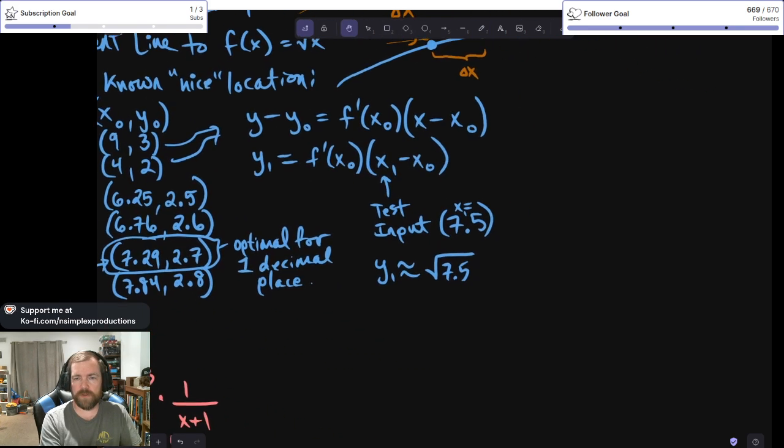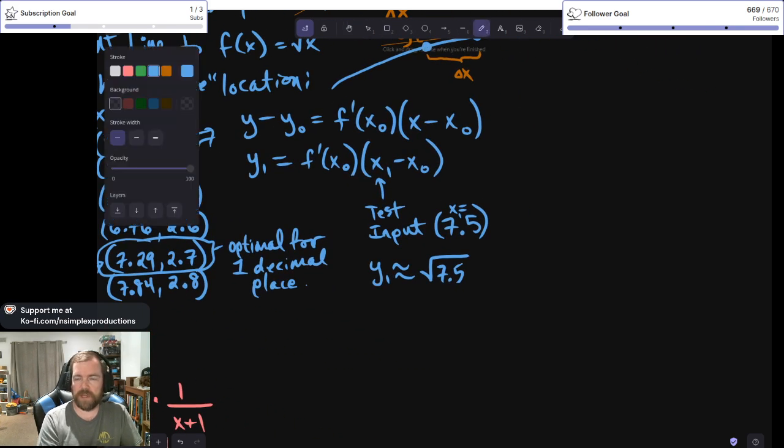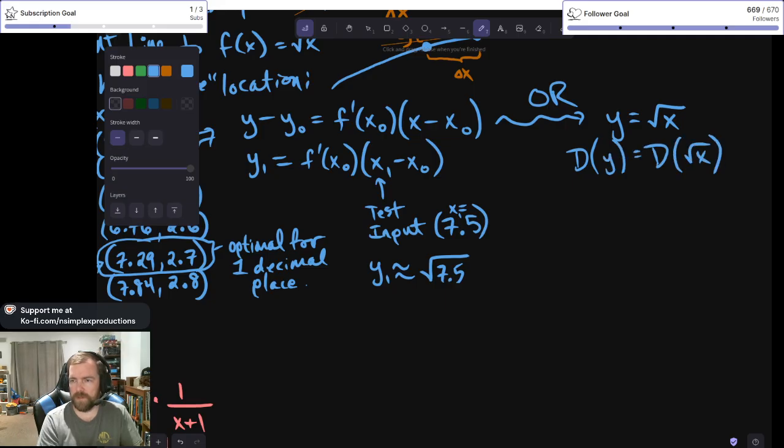Okay, there's another way that we could express this, and that is that we know that y is equal to square root of x. So if we just take the derivative of both sides, we get that dy is going to be equal to, the square root function is a power of 1/2, so the power rule says that the power comes down.